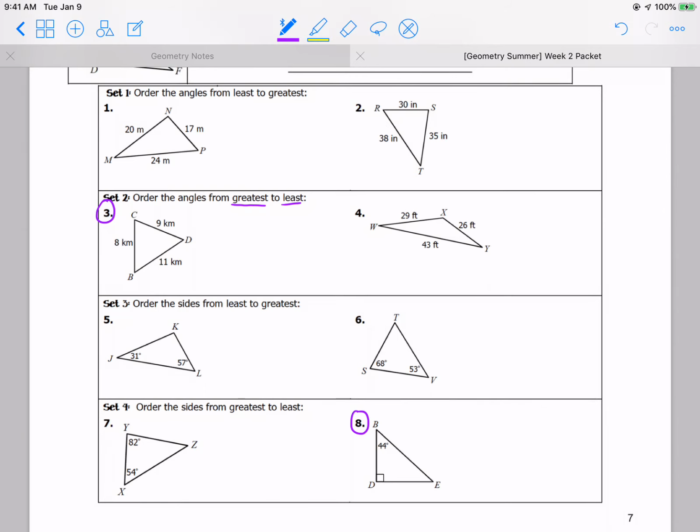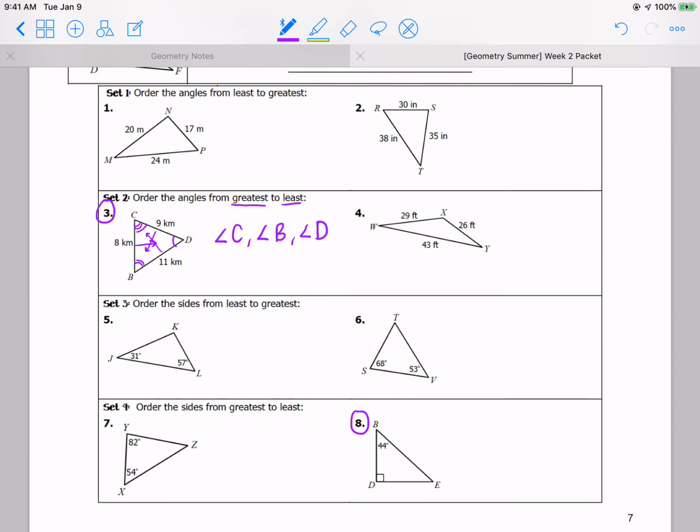That means they want the biggest angle first to the smallest angle. So now we're still going to mark it from smallest to greatest. This one right here is 1, 2, and 3. But we're going to now start with the 3 marks, which is angle C, and then angle B, and angle D.